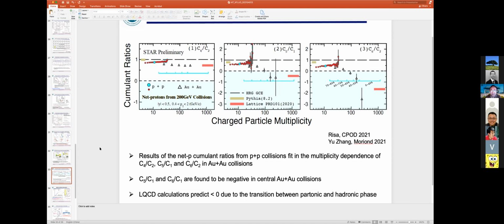I did the calculation. I think you're probably referring to the results I showed at CPOD or somewhere else. If I obtained kurtosis of net baryon, with the effect of global conservation included, at around 0.5, net protons would be at 0.8 or 0.7. So they would be halfway closer to Poisson than net baryon.